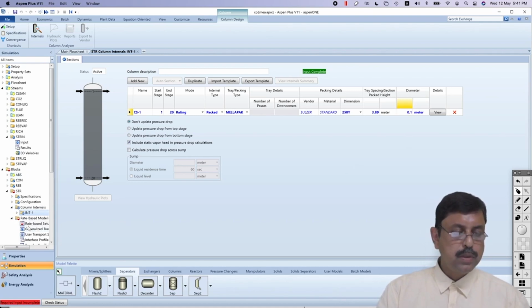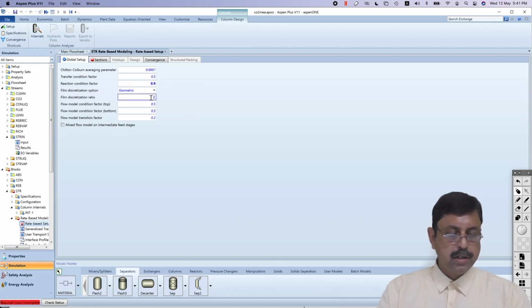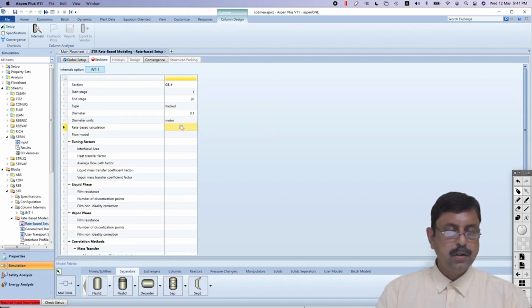Now go to the rate-based modeling setup. The old stuff, we just repeat them. It is 0.9 reaction condition factor, film discretization ratio of 10, and in this section we'll have a rate-based calculation.